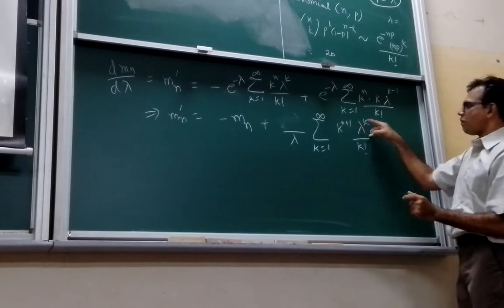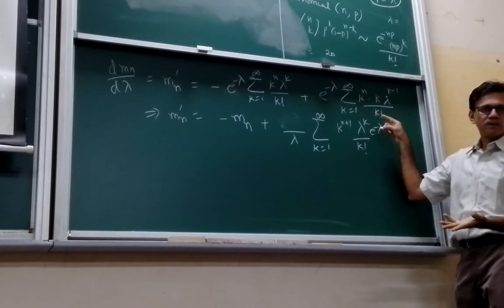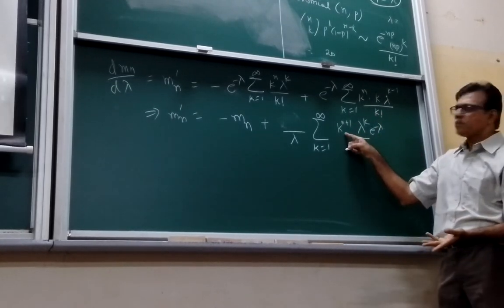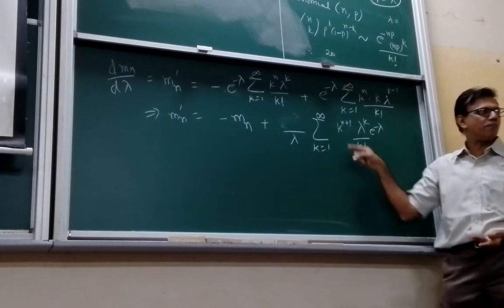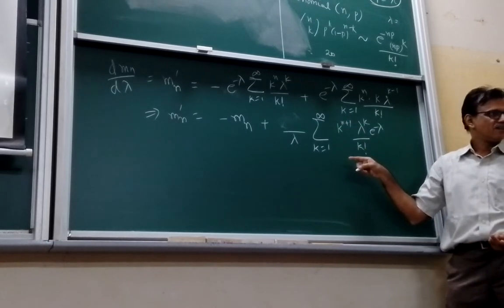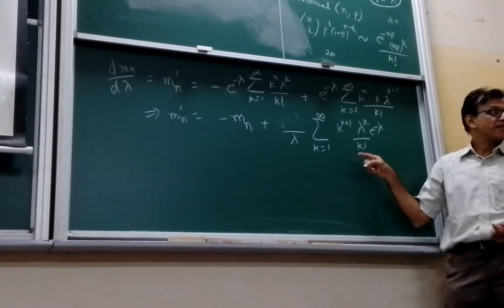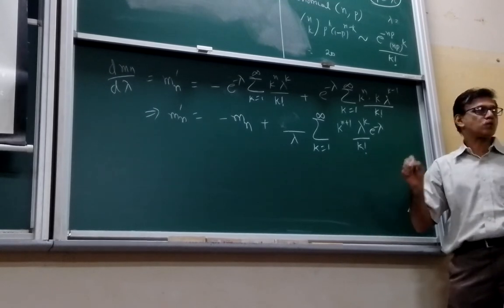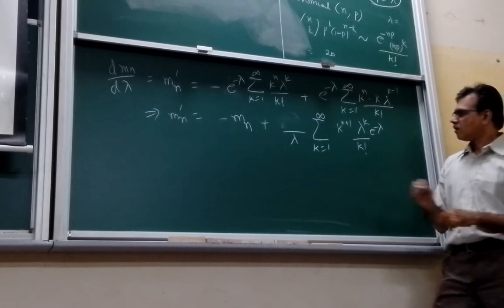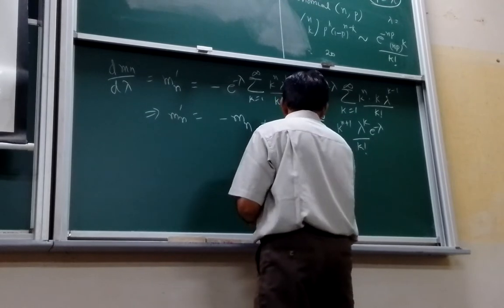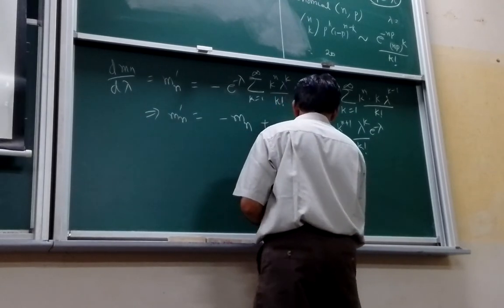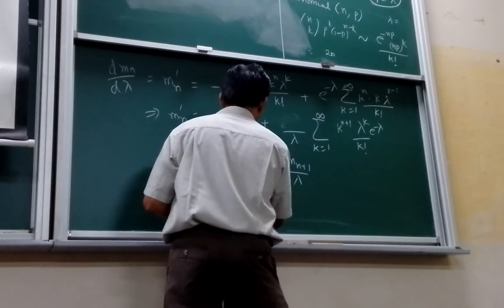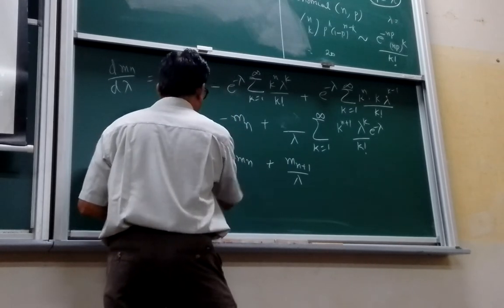This is nothing but the Poisson probability, and you are multiplying with k power n plus 1 and then doing a summation. What is this? It is the n plus 1th moment, mn plus 1. So it's minus mn plus mn plus 1 divided by lambda, equal to mn dash.